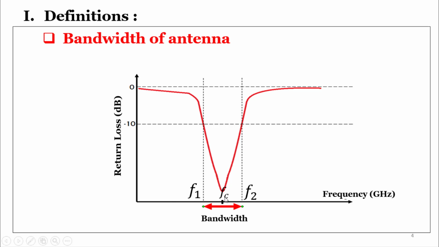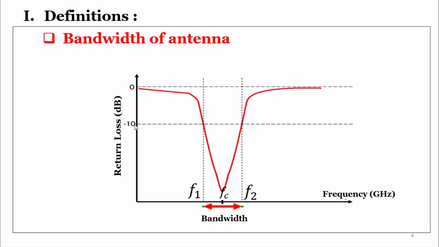fc is the center frequency of this antenna. We will talk about center frequency next. So the bandwidth of an antenna is determined by the return loss at minus 10 decibel. This is the method used to know the bandwidth of any antennas, array antennas, couplers or filters.